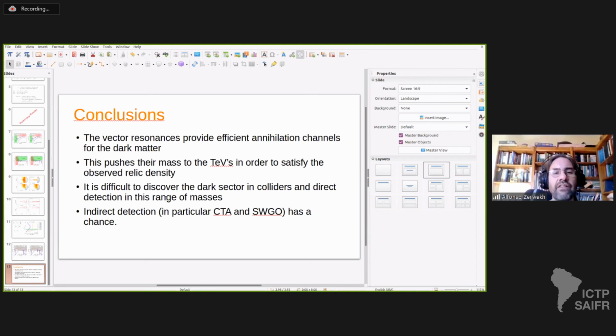But it's difficult to discover the dark matter in colliders and direct detection in this range of masses. But indirect detection, in particular CTA and SWGO, has a chance. So this is the main message of this talk, that indirect detection can be the only possibility of discovering this kind of model. Thank you very much.